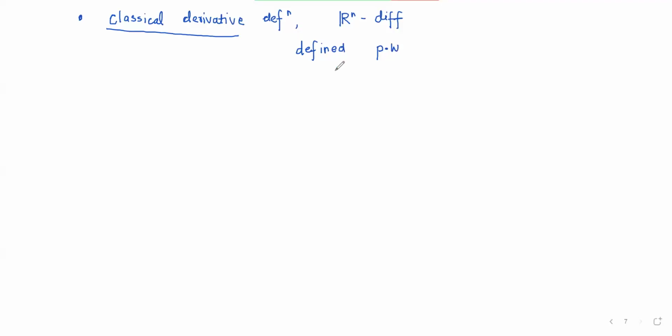So for each point you have a derivative, and you say that derivative is a linear map satisfying some limit property. But in the weak derivative notion, you have this integration by parts.